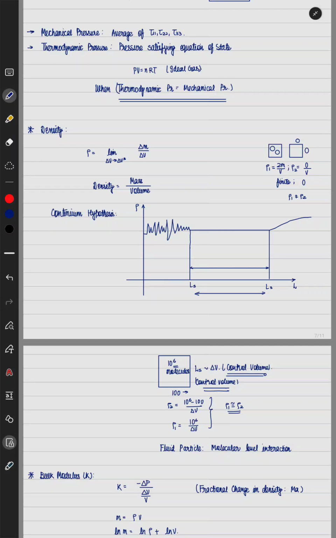Now the benefit with this control volume, which constitutes several molecules, is that we are able to define each and every property throughout the entire space, so that the differential equations are valid everywhere. So this was the thing that we discussed in continuum hypothesis.